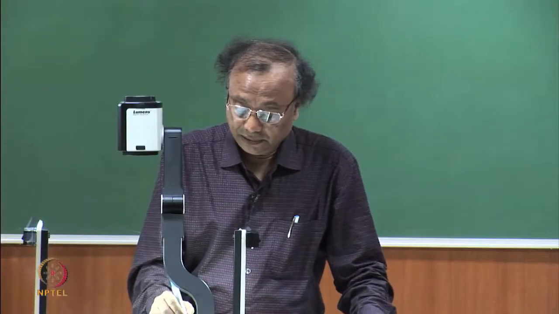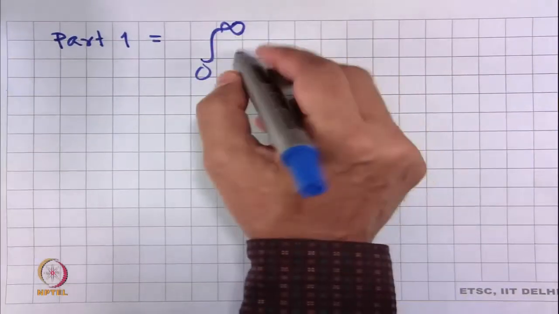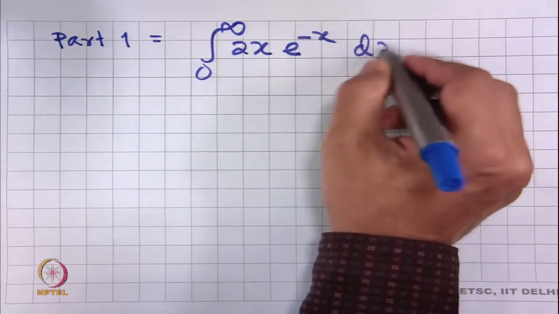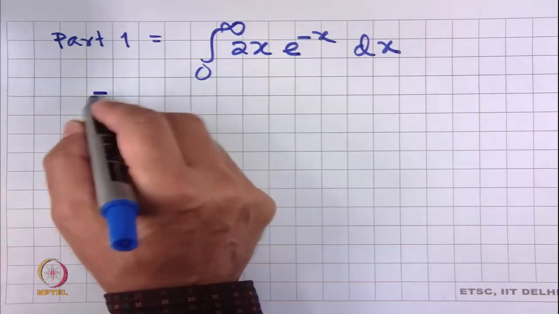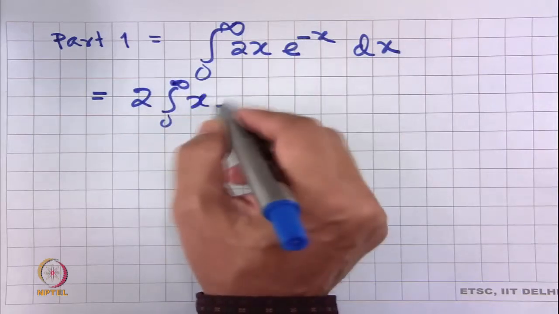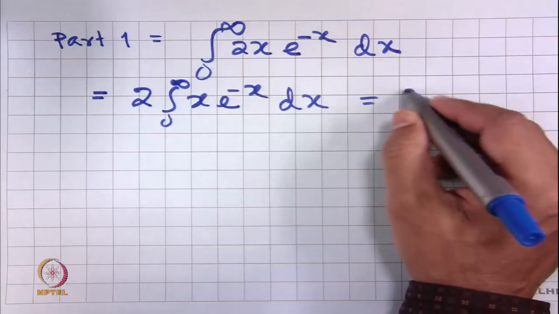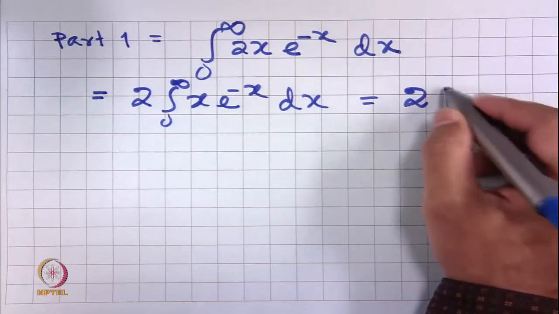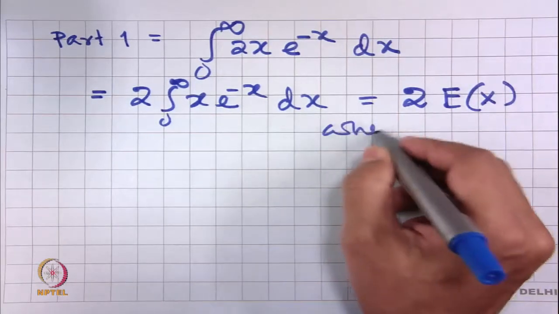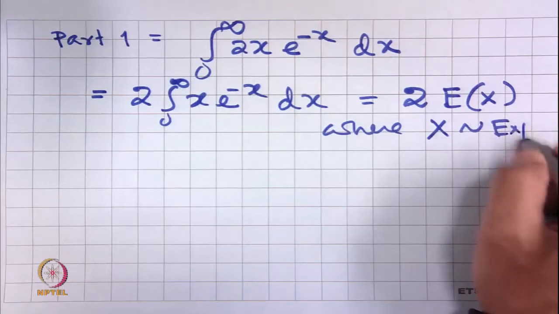So, part 1 is equal to 0 to infinity 2 x e to the power minus x dx, which is 2 into the expected value of x, where x follows exponential with 1.